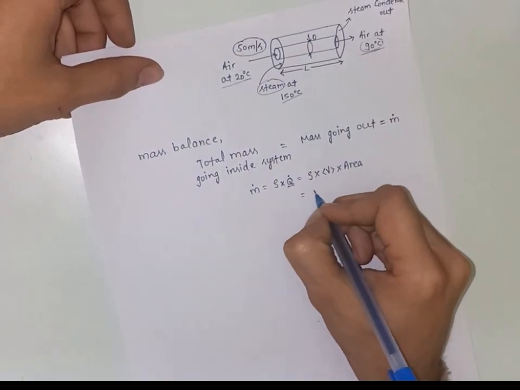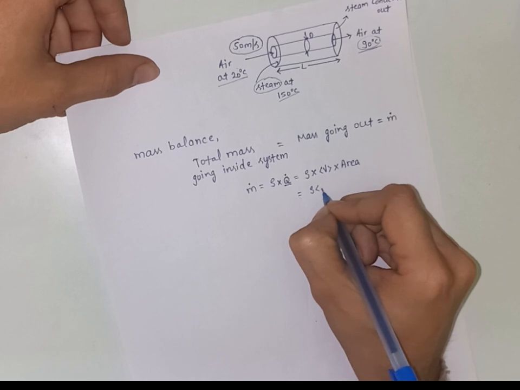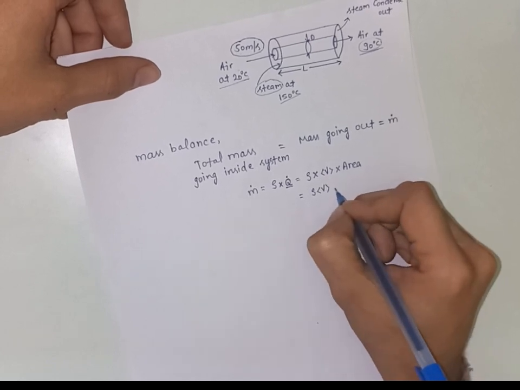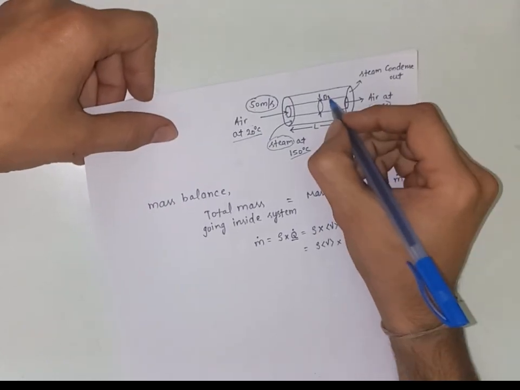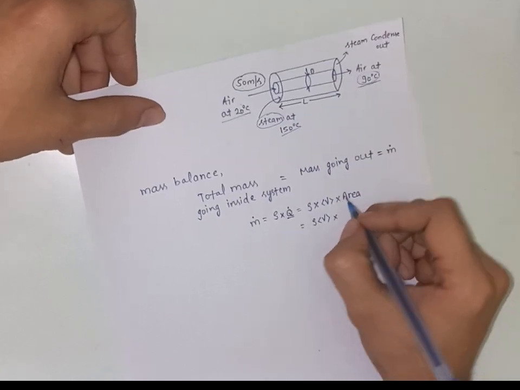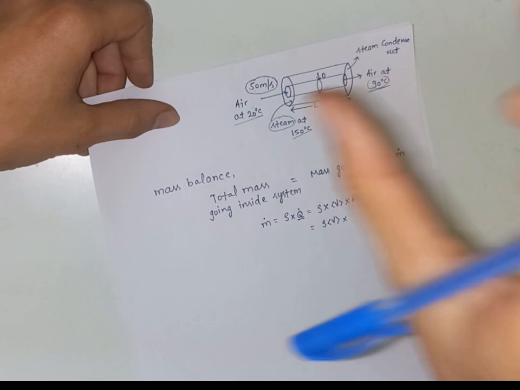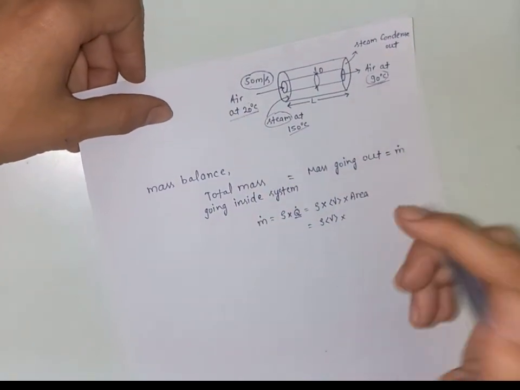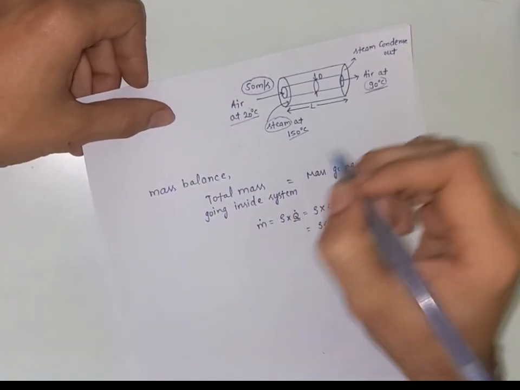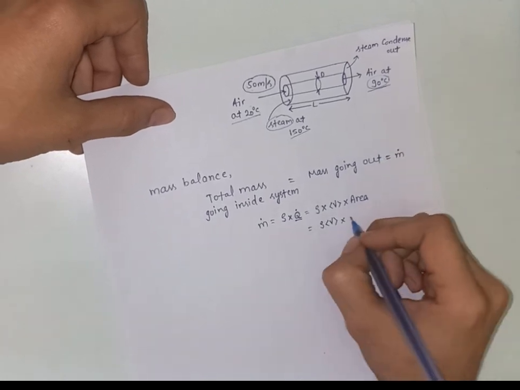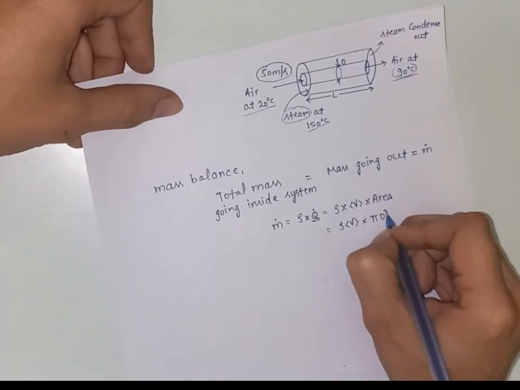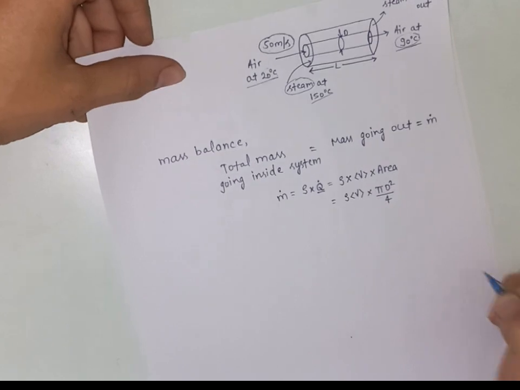Now we can write it as density multiplied by characteristic velocity and area. Now the area in terms of diameter: this is a cylindrical case, so the cross section is a circle. The area of a circle is pi r square, but in terms of diameter it is pi d square by 4.